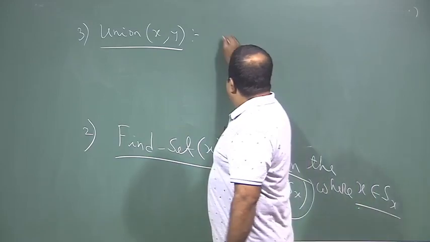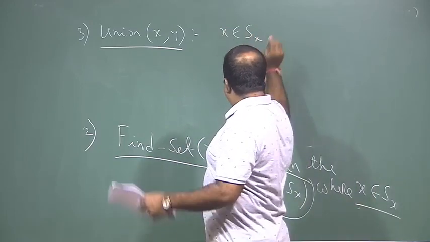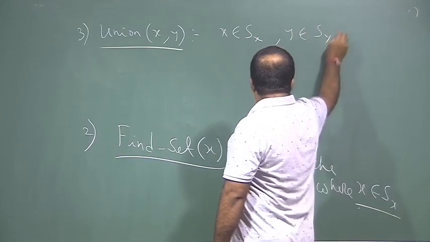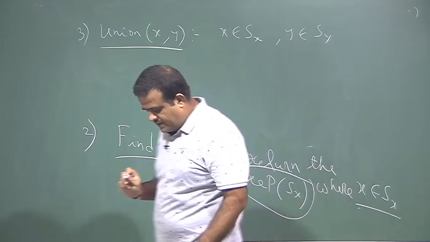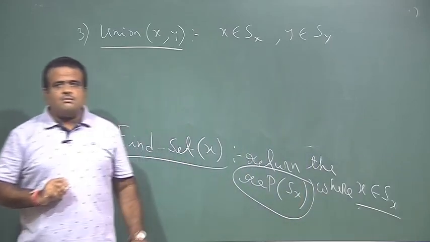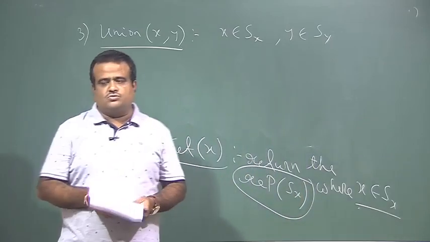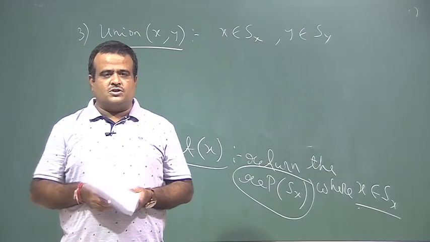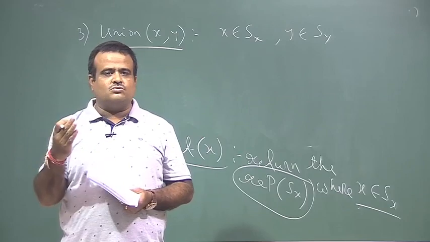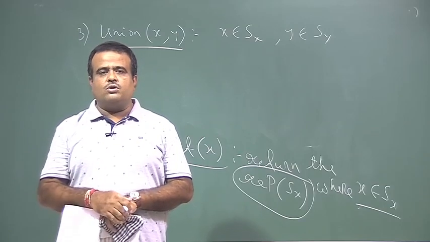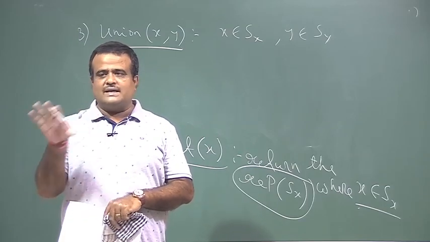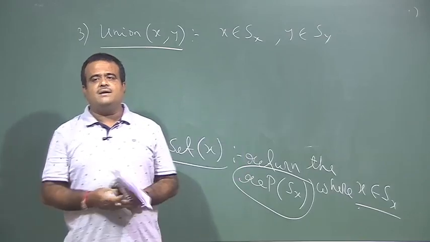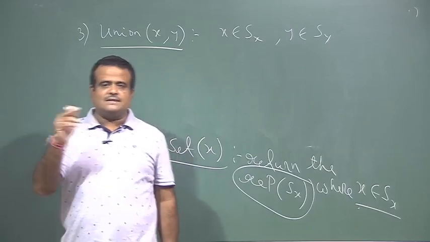Say x belongs to S x and y belongs to S y, these two sets. Now we want to merge these two sets, that means we want to do the union of these two sets and replace these two sets by their union. So instead of S x and S y, we want to delete S x and S y and add S x union S y.